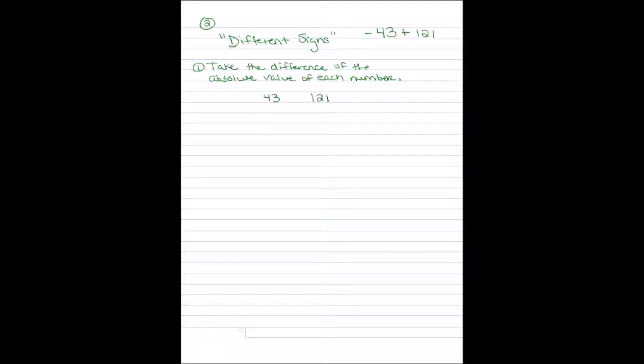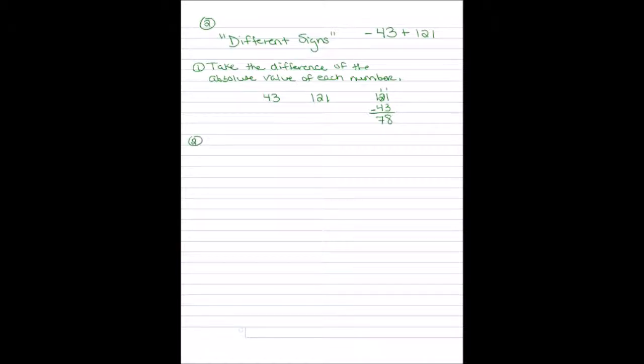I got to find the difference between these 2 numbers. So the difference, I'm just going to take the bigger number and subtract the smaller number. So I have to borrow here. It's going to be 8. And then 11 minus 4 is going to be 7. So 78 is what I got when I subtracted these 2 numbers.